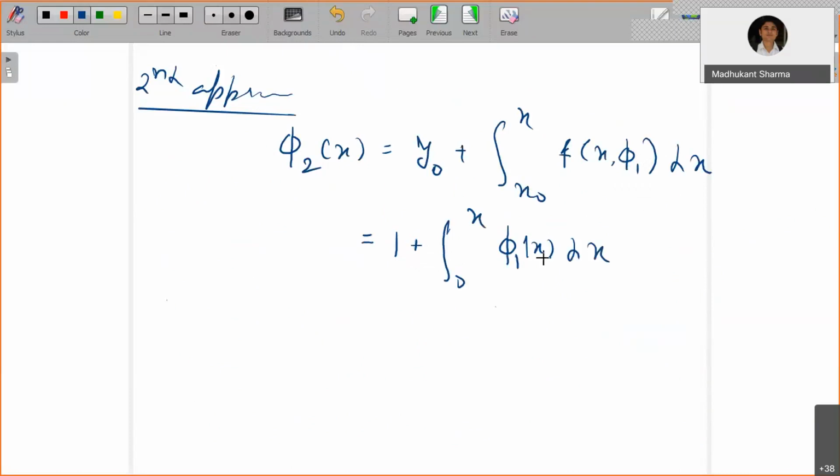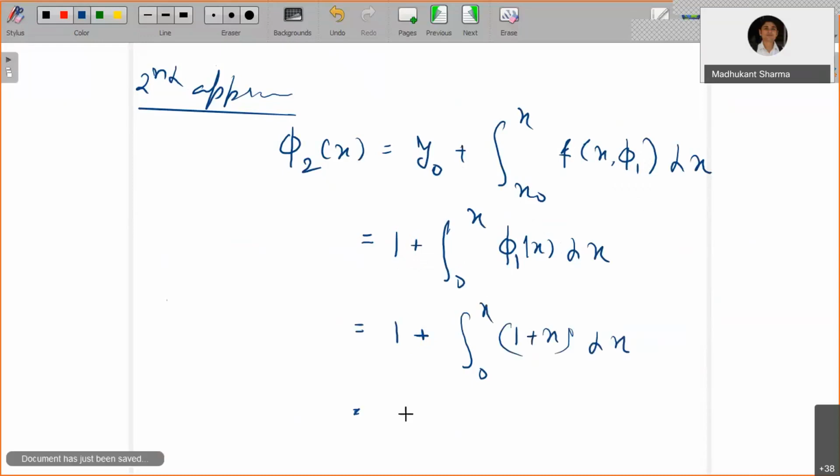Now p1 of x is 1 plus x, so this will be 1 plus integration 0 to x 1 plus x dx, and integrating, what you will get is 1 plus x square by 2.